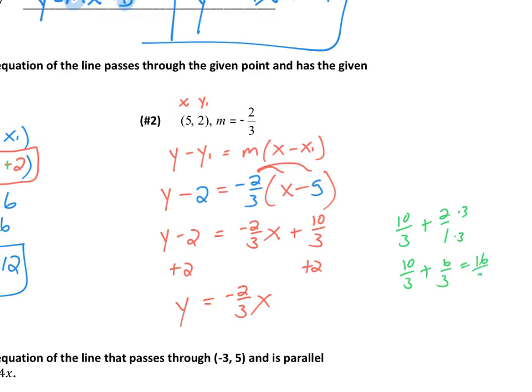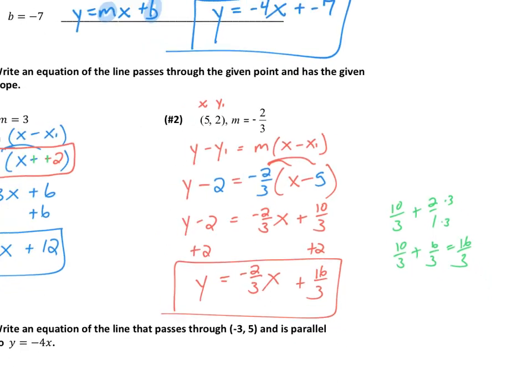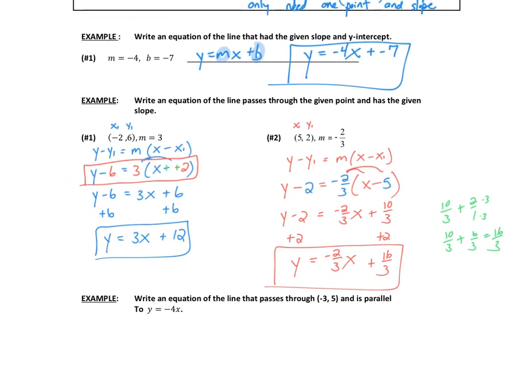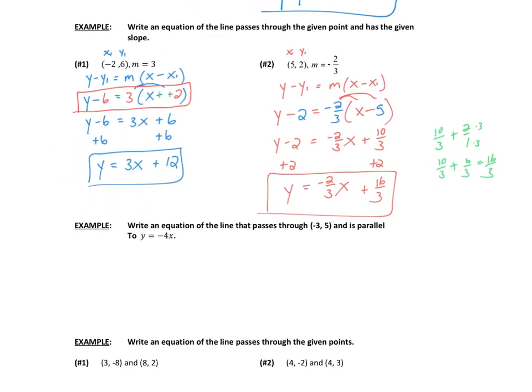So this would be 16/3. So we end up getting y equals negative 2/3 x plus 16/3. And if you wanted to, just take your calculator and do 10 divided by 3 plus 2. Okay, you'd end up getting 5.33. Okay, and I'm okay if you do decimals. That's fine with me.